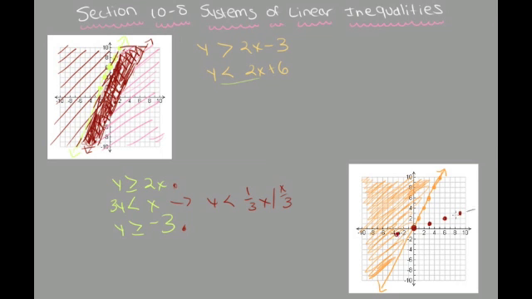So it would be a line something like that. It's less than, so the region under the graph. And then our last one, which is y is greater than or equal to negative 3.